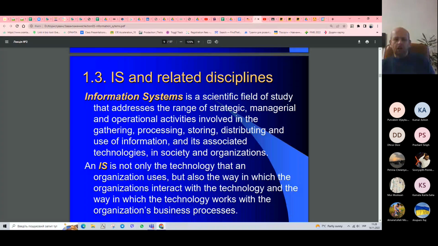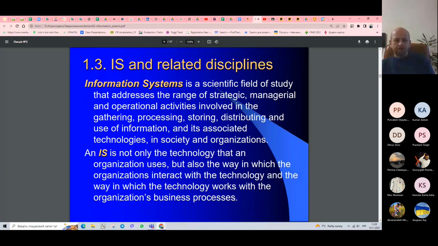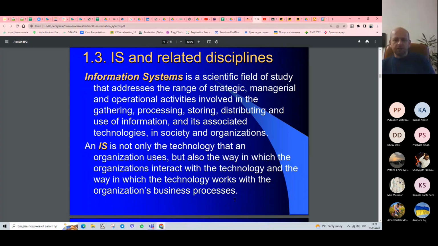Information systems and related disciplines are scientific fields of study that address the range of strategic, managerial, and operational activities involved in the gathering, processing, storing, distributing, and use of information and its associated technologies in society and organizations.